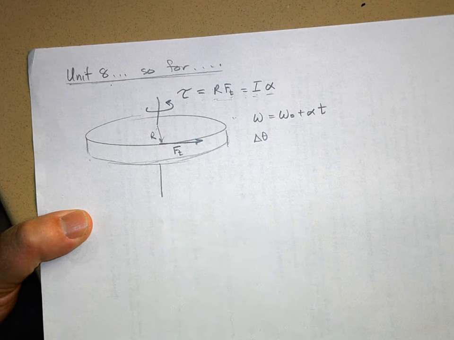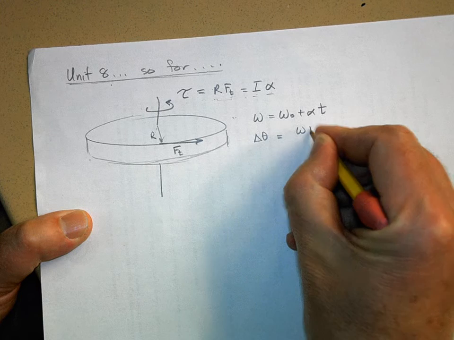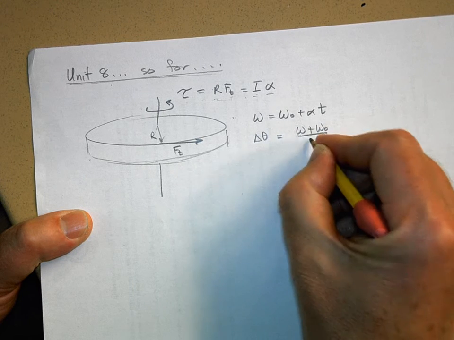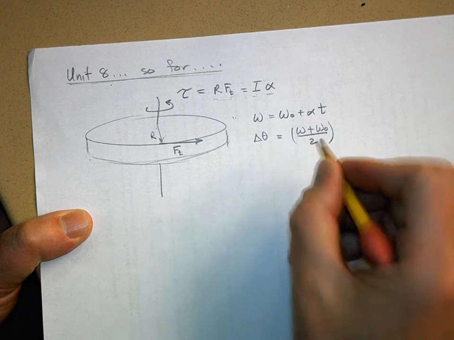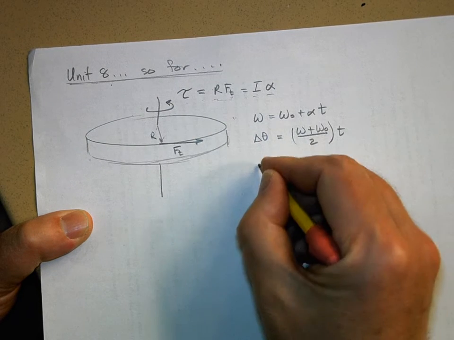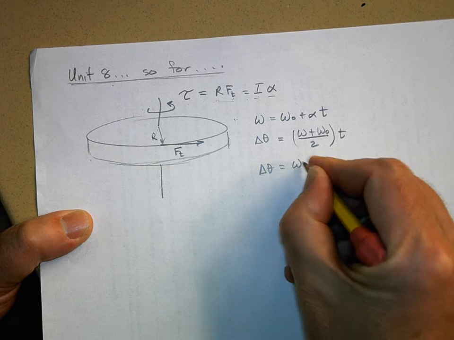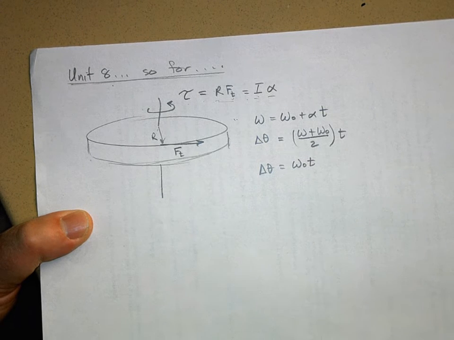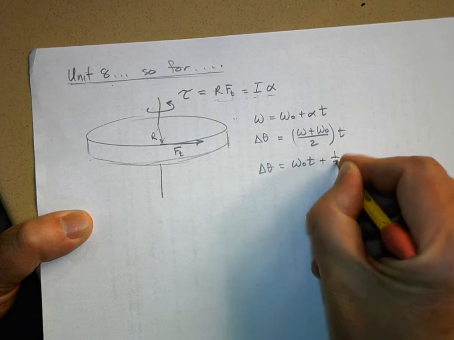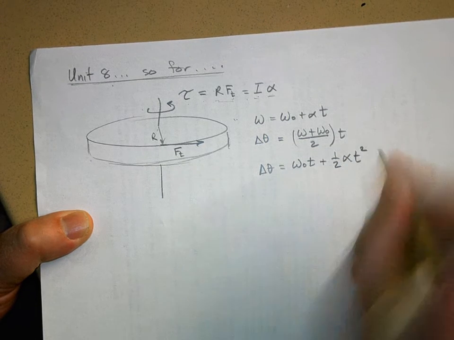The change in angular position is equal to the final plus the initial angular velocity divided by 2. This is my average angular velocity times time. Or my change in angular position is equal to my initial angular velocity times time plus 1/2 my angular acceleration times the time squared.